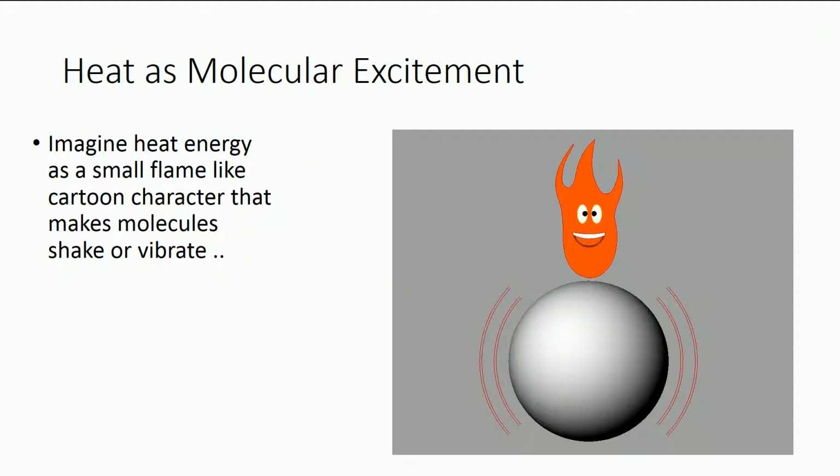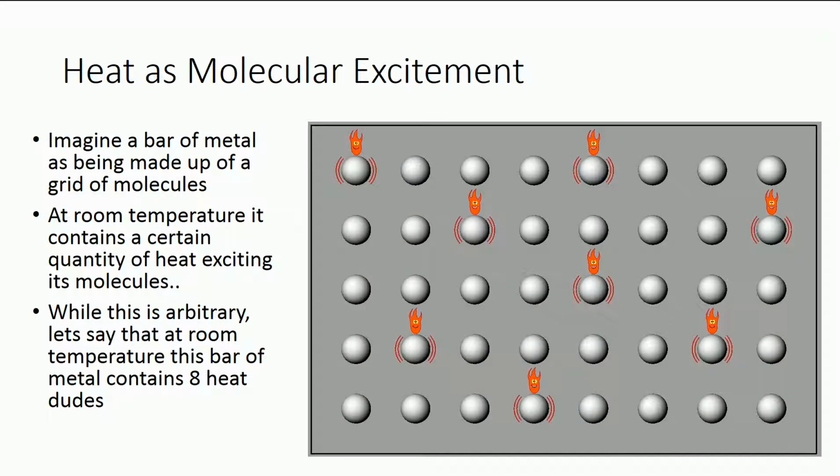So let's think of heat energy as this little flame guy. And let's think of a molecule as this sphere, and the little lines show that it's vibrating. See that right there? All right. So if we look at one object, we can imagine it being a bar of metal. This bar is made up of a grid of molecules. It's at room temperature, so it's kind of like this thing right here.